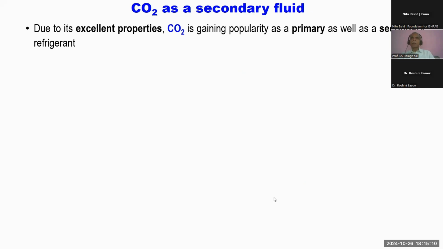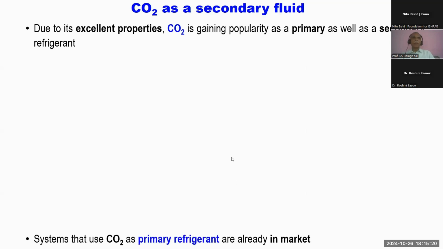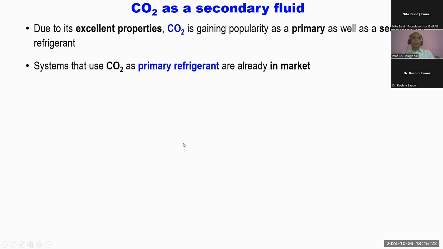They can be subcritical or transcritical or in cascade, etc. So they are now being promoted on a large scale. Carbon dioxide can also be used as a secondary refrigerant or a secondary fluid. As I mentioned, systems that use carbon dioxide as primary refrigerant are already in the market. Many countries are marketing these, mainly in Europe and to some extent in Japan.